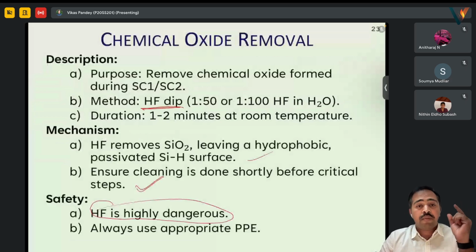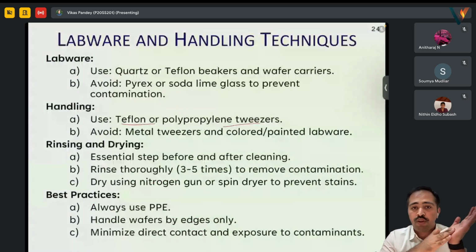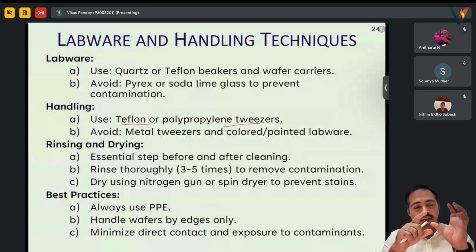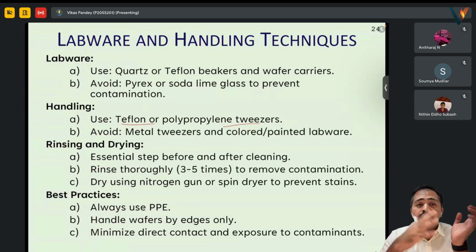We also have to take care of what chemical goes in what kind of beaker. Quartz or glass beakers are used for normal chemicals, but when we are talking about acid or HF and these things, we go with Teflon beakers because acids don't react with Teflon.